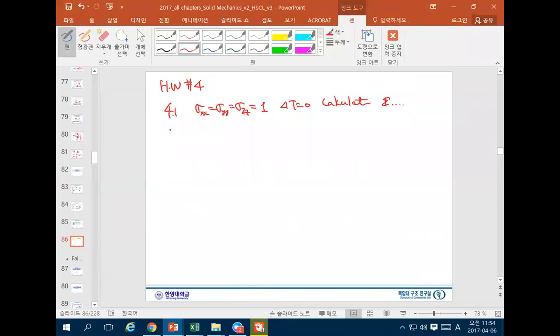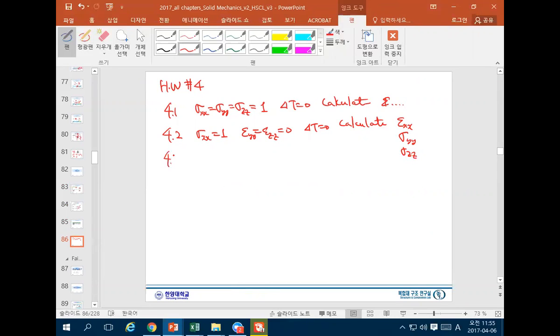Other stresses are 0. Now pay attention here. Sigma xx equals 1 and epsilon yy equals 0, epsilon zz equals 0, and delta T equals 0, and calculate epsilon xx and sigma yy and sigma zz. Other strains, shear strain and shear stress, are all 0 because of no coupling term.